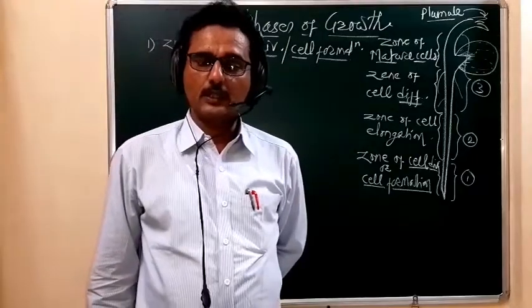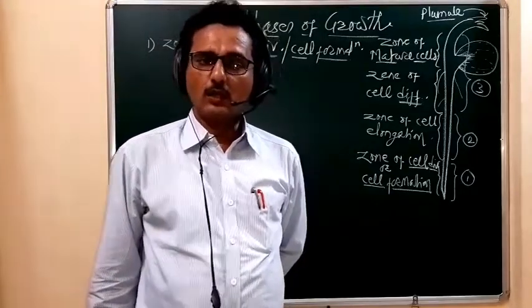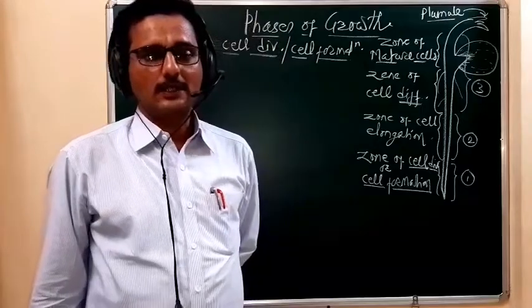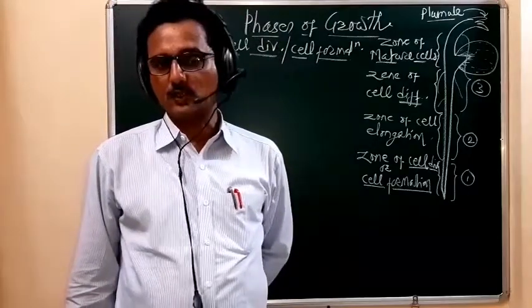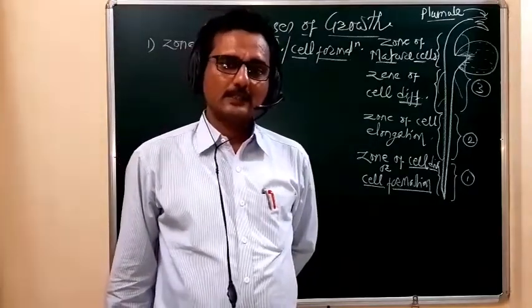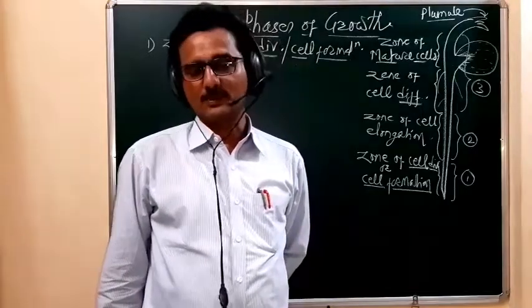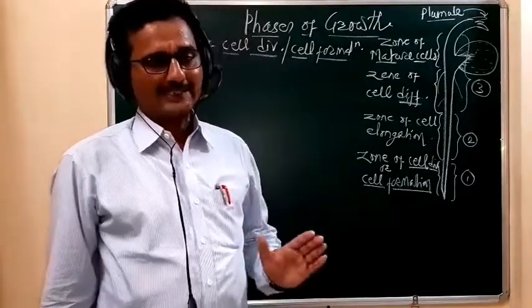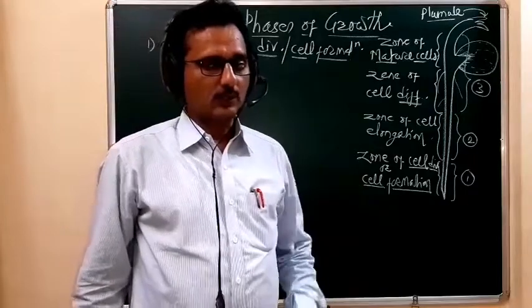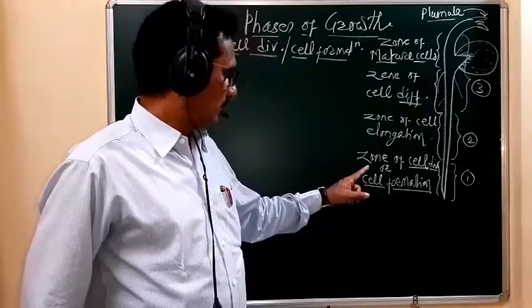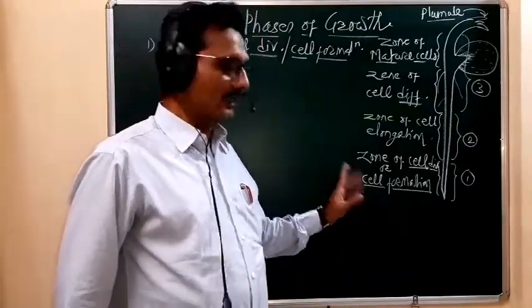In the previous lecture, we saw the various sites of meristematic tissue, and on the basis of site, there are three different types of meristems. At that site, we observe the zone of cell division or cell formation.